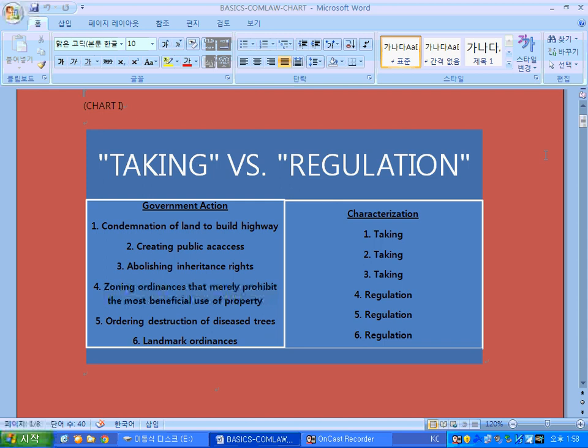The inverse condemnation action reflects the self-executing character of the 5th Amendment. This rule that the government must compensate for temporary takings does not limit government flexibility. The government can still decide to terminate the taking.